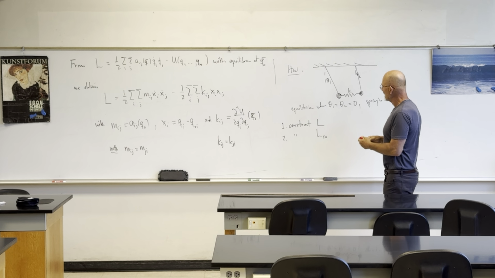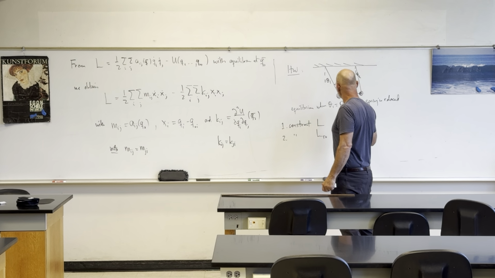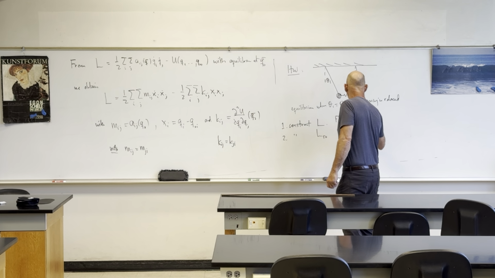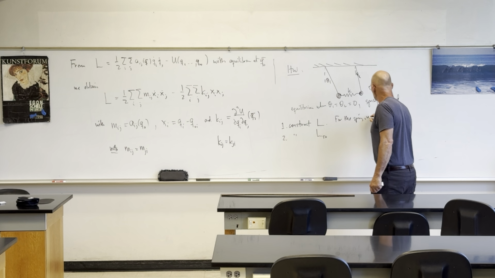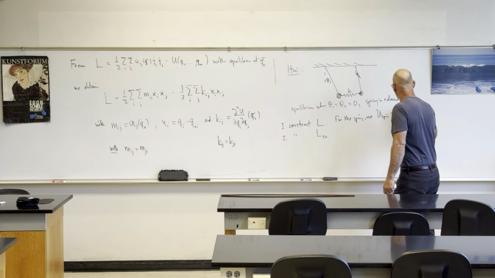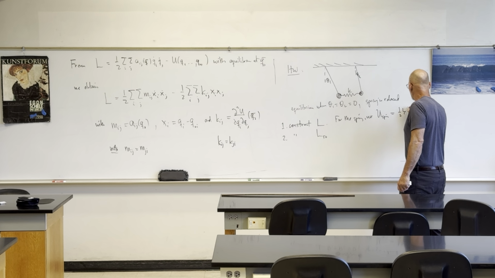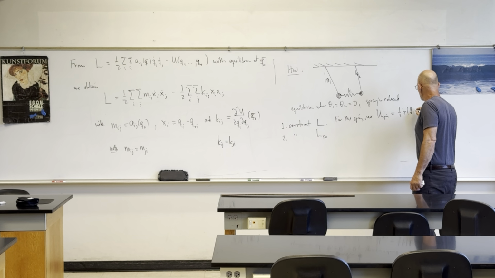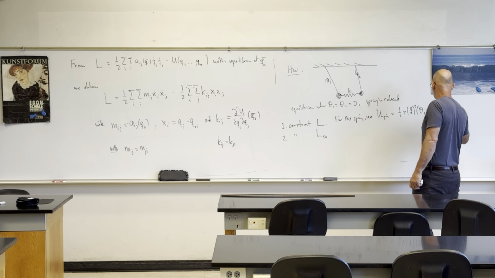So for the spring, use potential energy of the spring equals one half k L squared (theta 1 minus theta 2) squared.